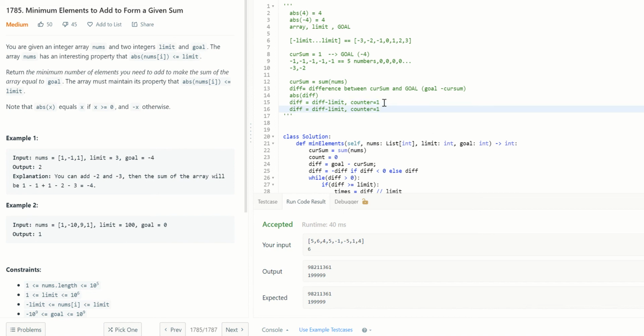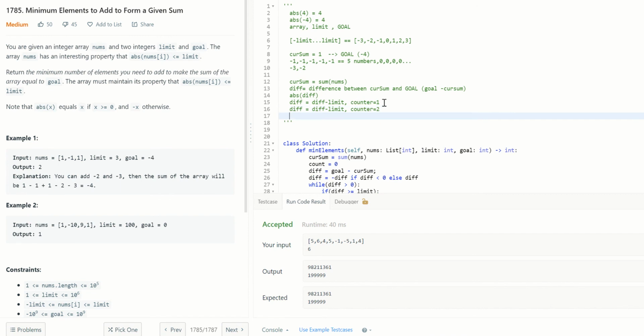So we will be doing this so many number of times. But how many times are we going to do this? And so on, like that, right? How many times can we do this? As long as diff is greater than or equal to limit, right?